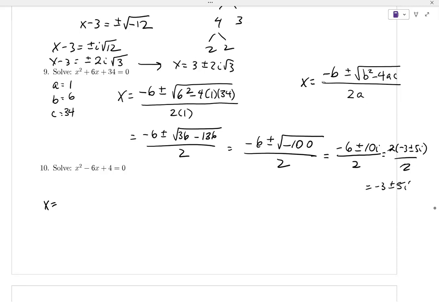All right. So notice that our b in this case is negative 6, right? So when we do the negative of b, we'll get a positive 6 plus or minus the square root of negative 6 squared minus 4 times 1 times 4, all over 2 times 1.